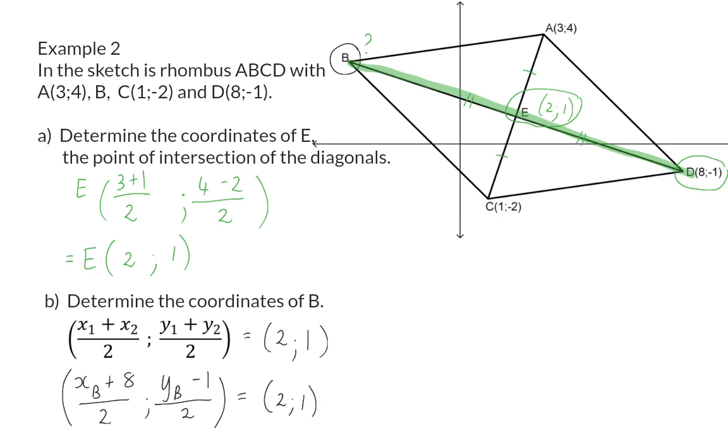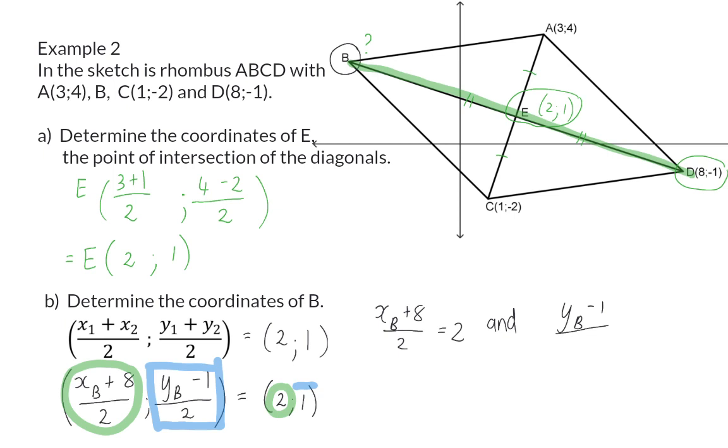And now we're going to break this up into two equations. Firstly, the sum of the x values divided by 2 should equal 2, and the sum of our two y values divided by 2 should equal 1. Now you can use inspection or algebra to solve the unknowns. To get rid of the divided by 2 on the left, I'm going to multiply by 2 on the right and get 4.